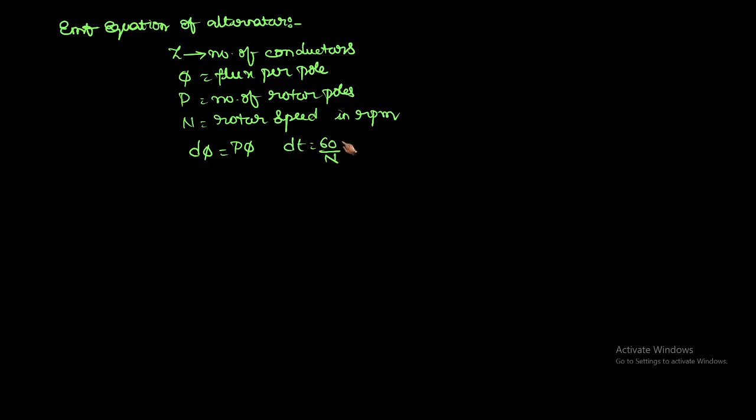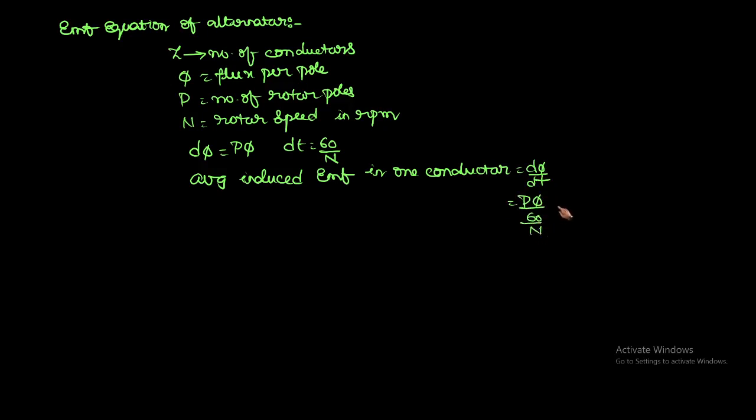So you are going to get the average induced EMF in one conductor, that is d phi by dt, which is N P phi divided by 60. And we will have a total number of Z conductors.